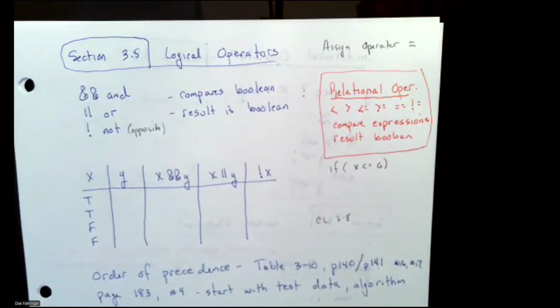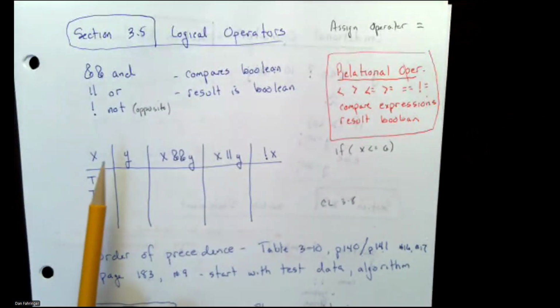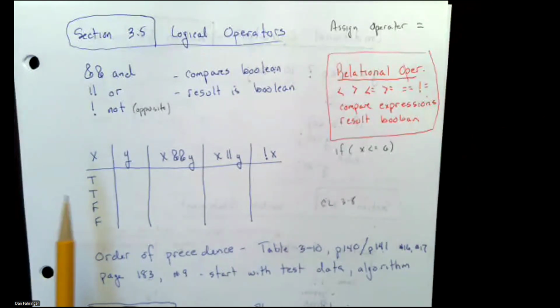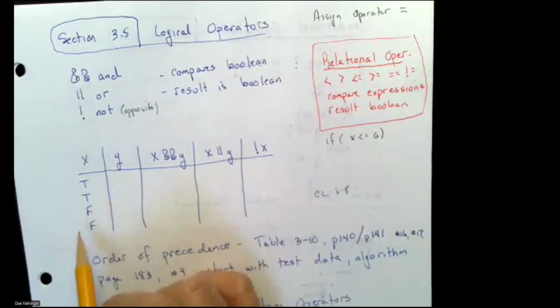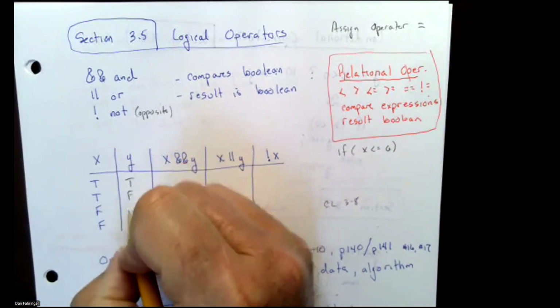Let's take a look at a left side and a right side and how this works. We're going to take a look at X, and I'm giving it values true, true, false, false, because in order to get all possibilities, I come up with a pattern.